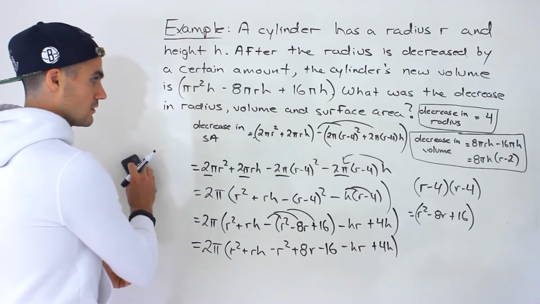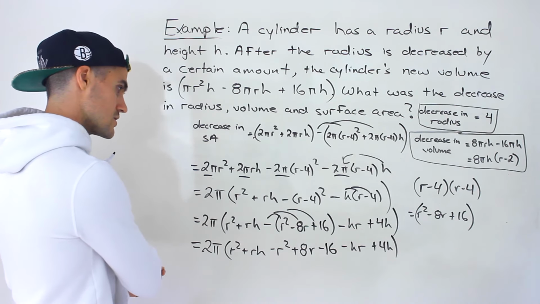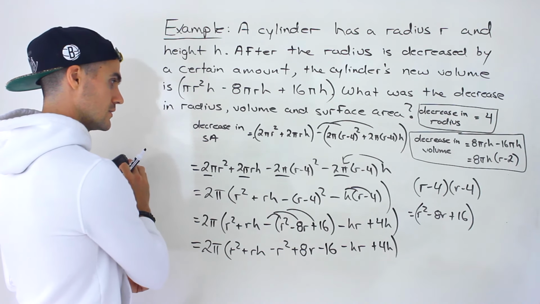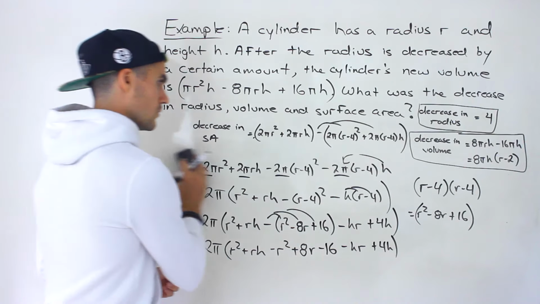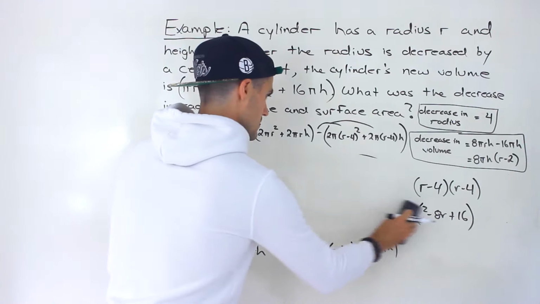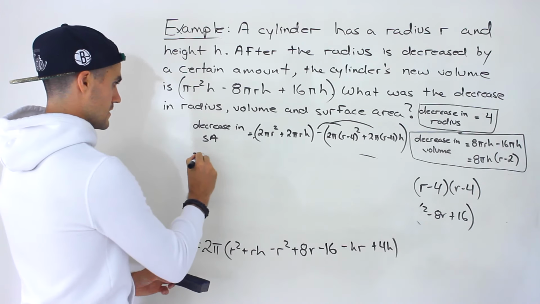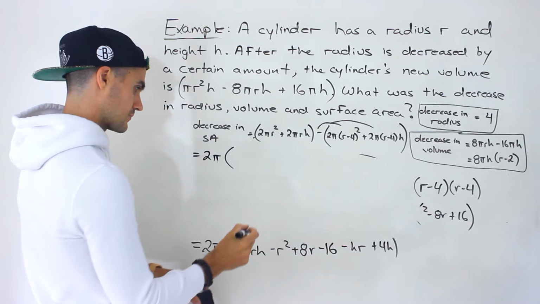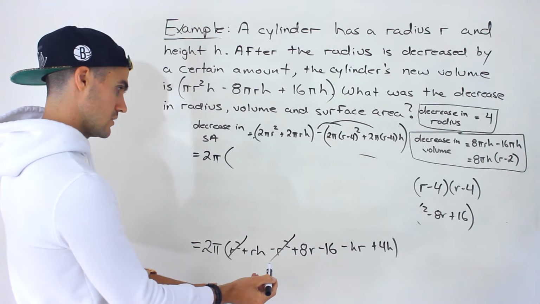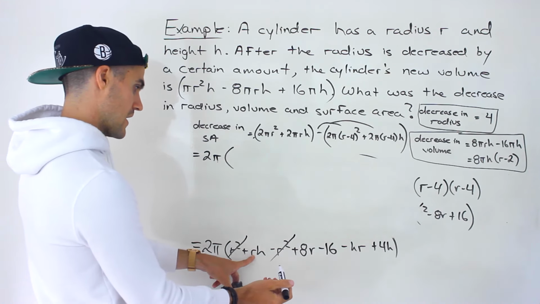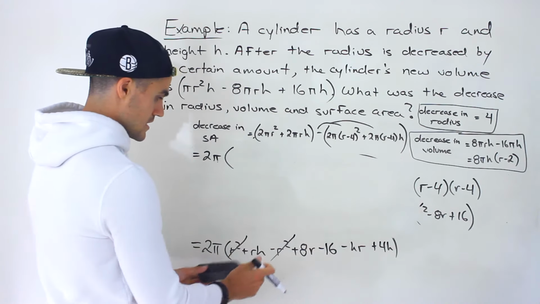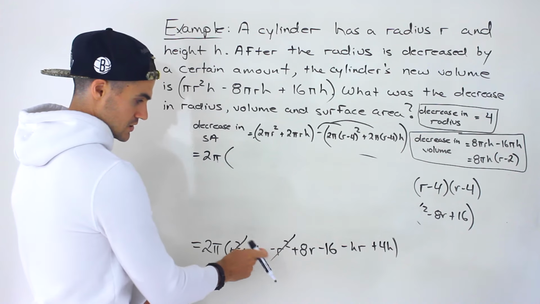Okay, so from here, let's just check the steps quickly. Looks all good to me. What we have to do is simplify this bracket here. So the 2 pi is still going to be on the outside. Now over here, the r squared minus r squared cancel out, which is nice. Then we have an rh here and a minus hr. Those are the same thing, we could just switch the r and the h.